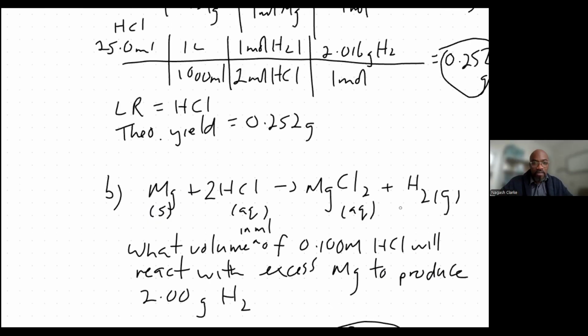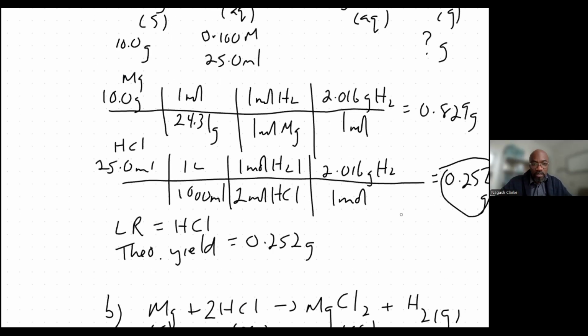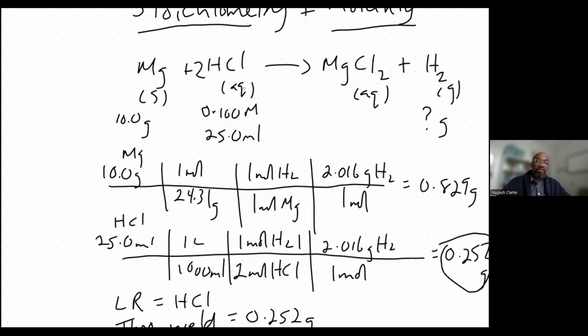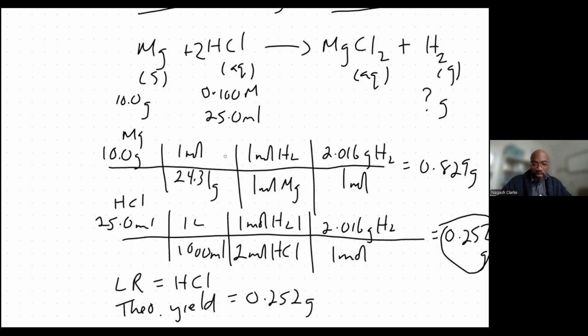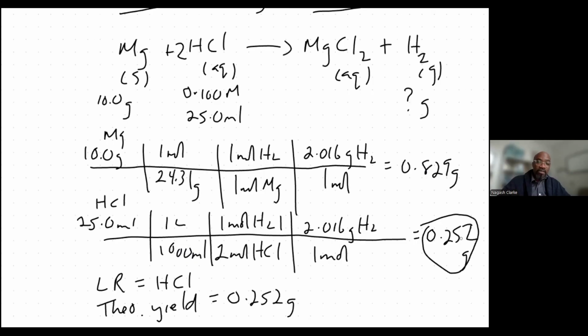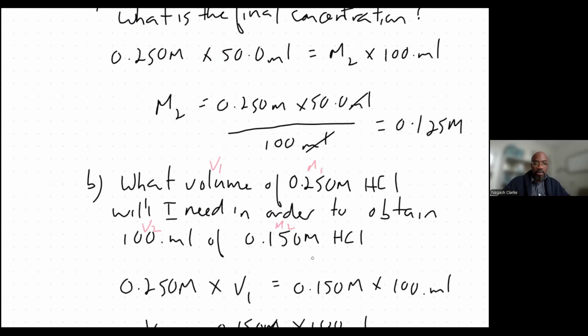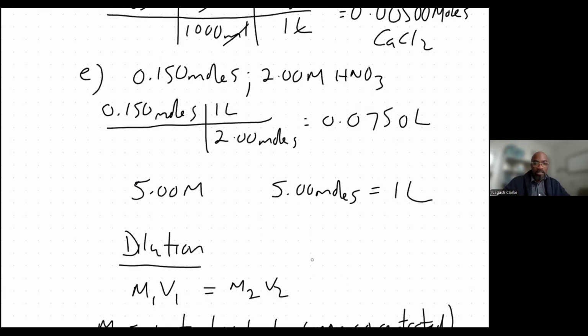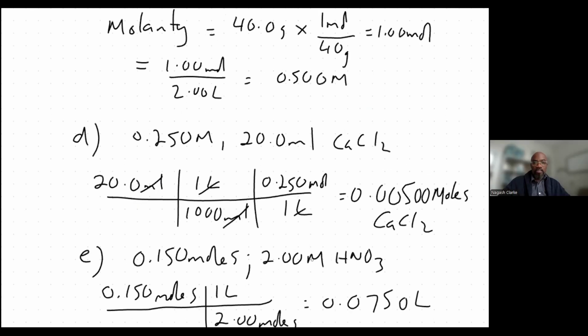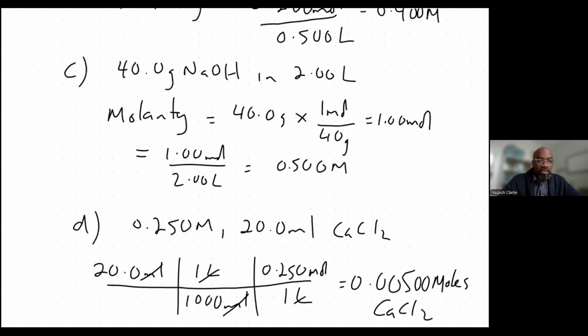And if it's a limiting reactant problem where you have 2 different amounts of reactants, then you have to figure out, like we did in an earlier video, how much product we get from one component, how much we would get theoretically from the other component, and the smaller number comes from the limiting reactant, and that's your theoretical yield. And then we also looked at dilution examples. And then we also talked about just how to manipulate the molarity conversion expression.